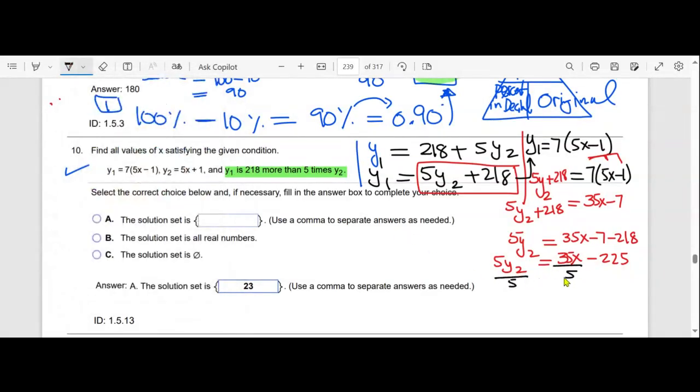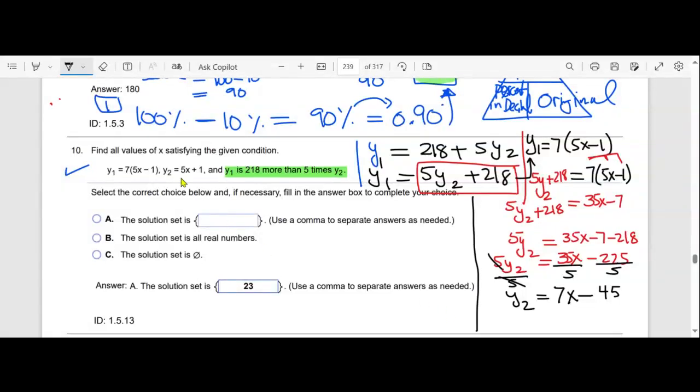By 5 to get rid of the 5. So you cancel the 5 with the 5 and you get y2 equal 7x minus 45, correct? Double check on the calculator. So I got y2. I'm done up to here.